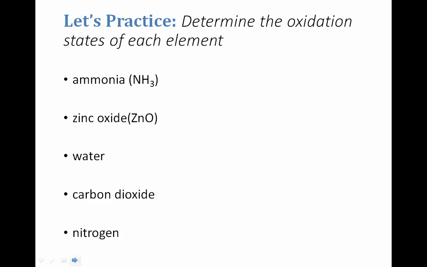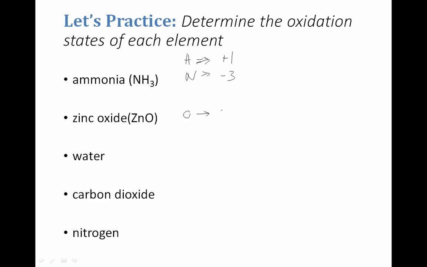So let's practice. What I want you to do is just pause the screen right now and determine the oxidation state of each element in all of the below examples. Alright, so ammonia. Hydrogen goes first, and it is plus 1, and then that means that nitrogen has to be negative 3.